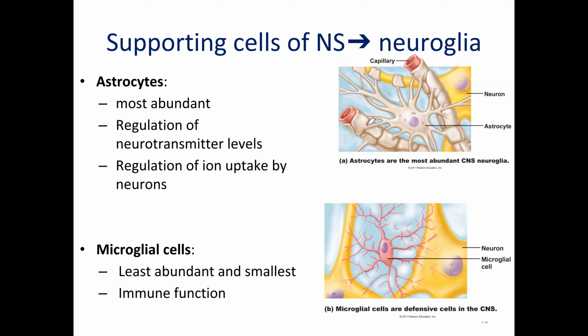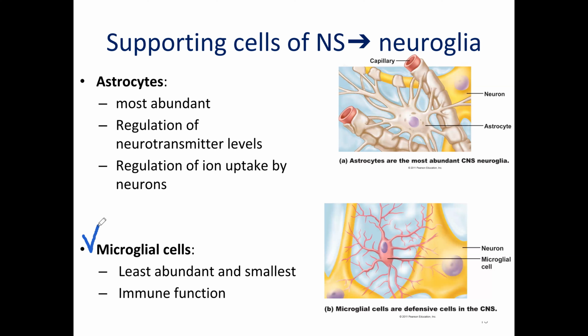And you see these feet of astrocytes, they cover the blood vessels, and by covering these blood vessels, they reduce their permeability. So not everything can leave the blood and enter your brain tissue or spinal cord tissue.